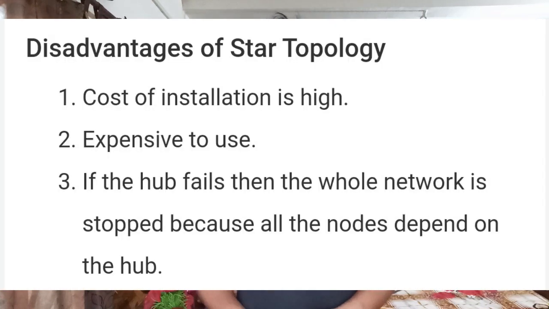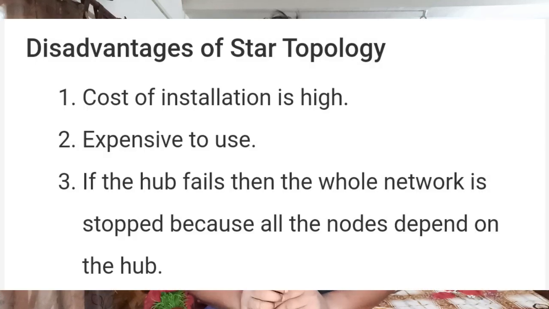We have to learn the disadvantages of star topology. The first disadvantage is that the cost of installation is very high in case of star topology. Therefore, it is expensive to use. And the major disadvantage that we have to learn is central node dependency.